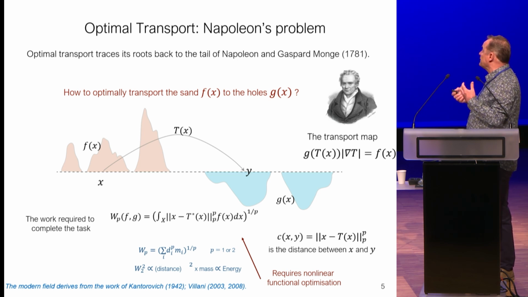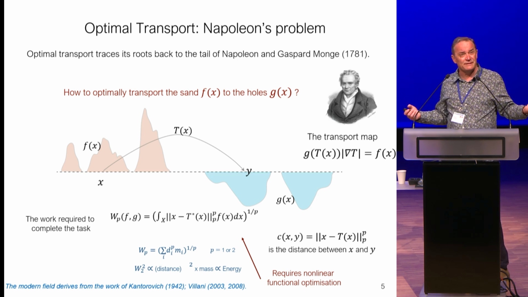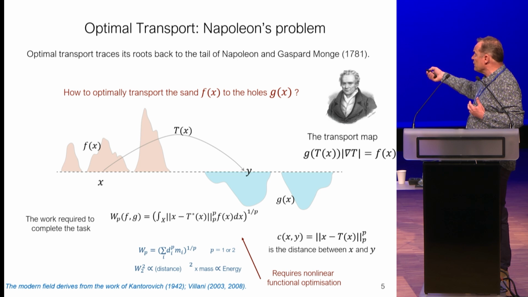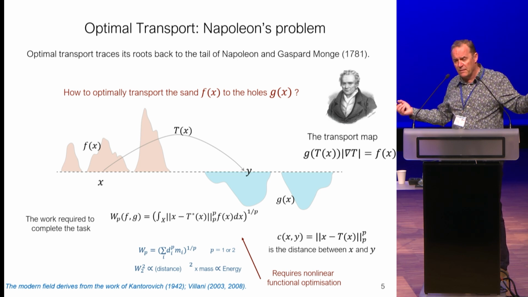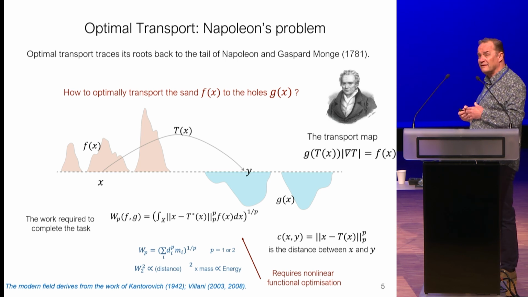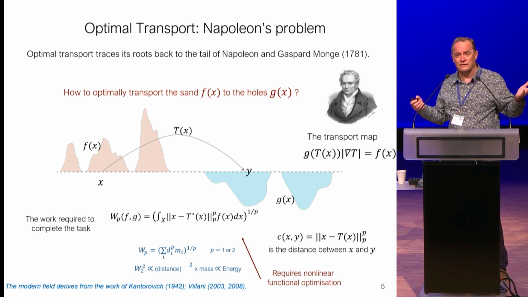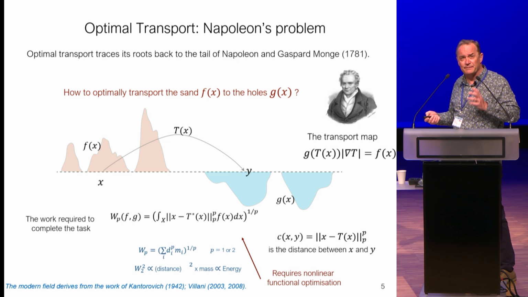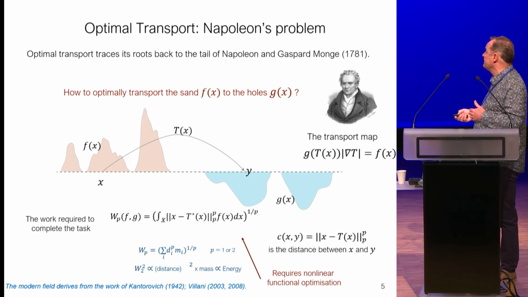So it's got a lot of mass behind it, and it's actually an exploding field. A lot of interest has come largely from the recent work by Villani across the sciences, and it's creeping out into other fields. And in the geosciences, for at least 10 years, people have been using this idea.